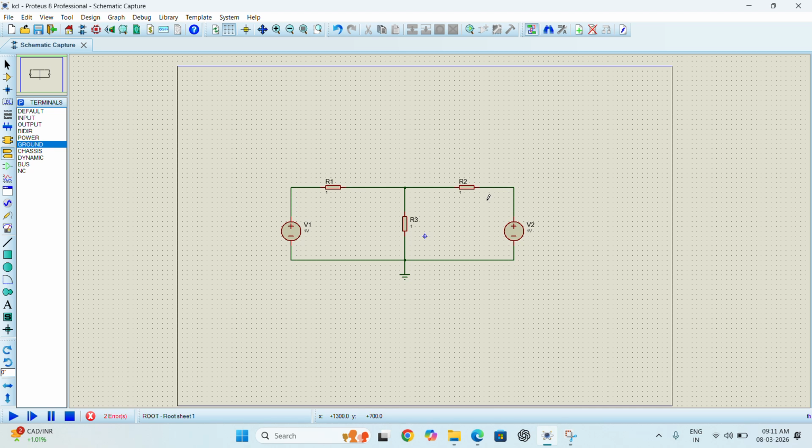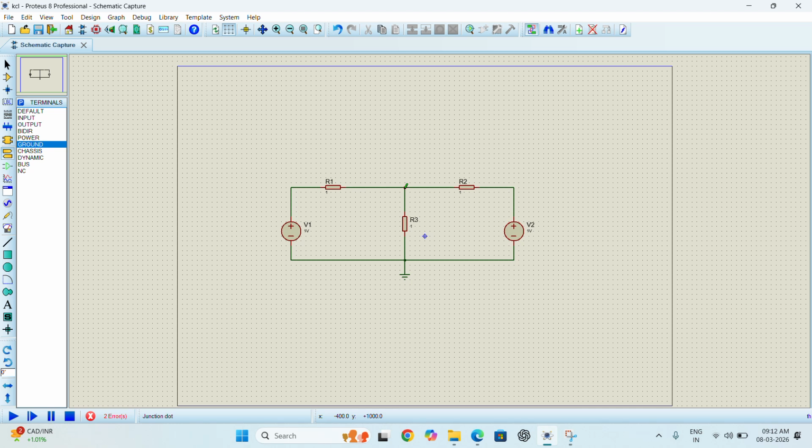But one more thing I have to tell: we consider this node to be at a higher potential, and we will apply KCL according to that. We'll consider that current is going from this node to here, and from this node to here, and from this node to here. That is the current direction we are considering. So now let us apply the KCL.